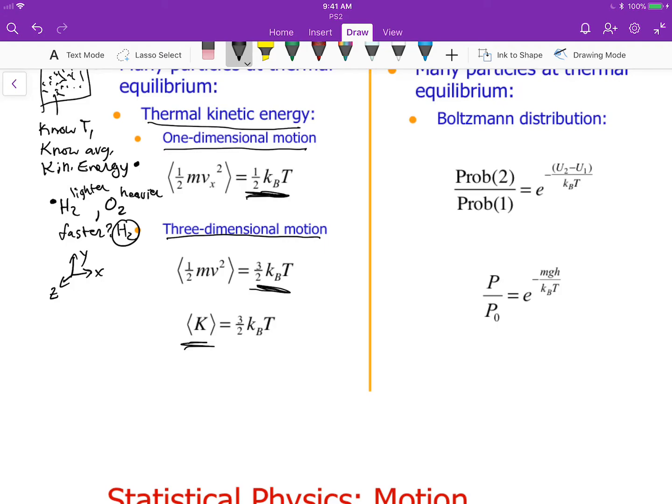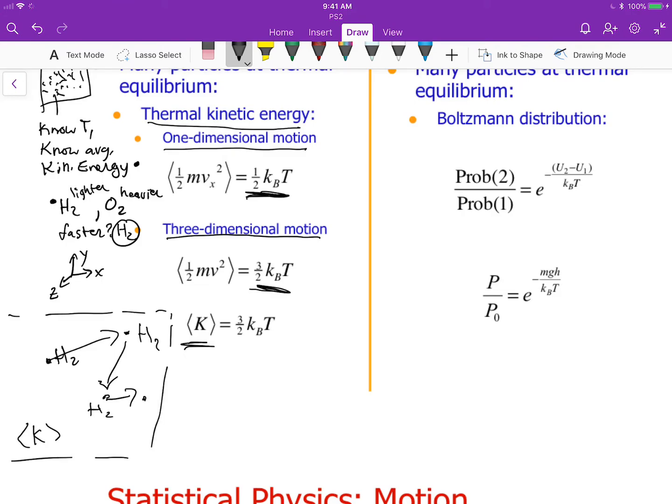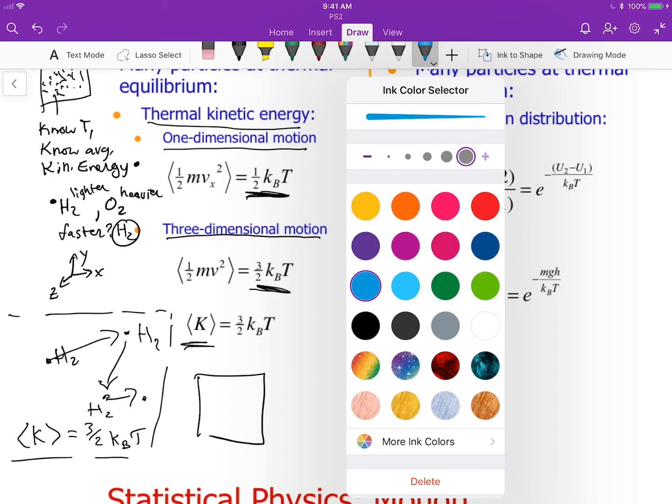One note about this: let's take our H2 and have it sitting in this box of air, bouncing around and hitting other molecules. This is still our same H2, and so the average kinetic energy is going to be equal to 3/2 kBT.